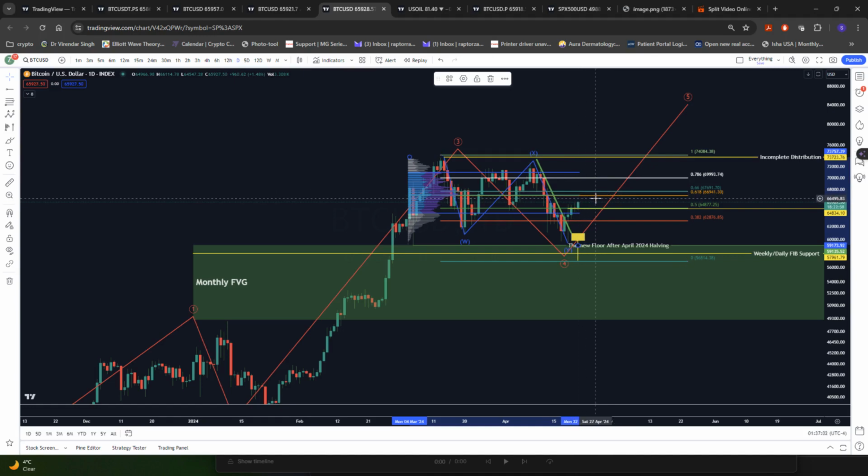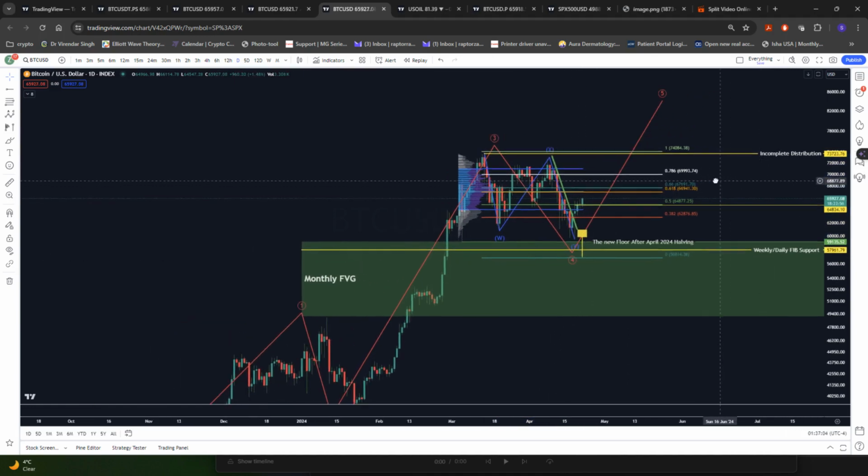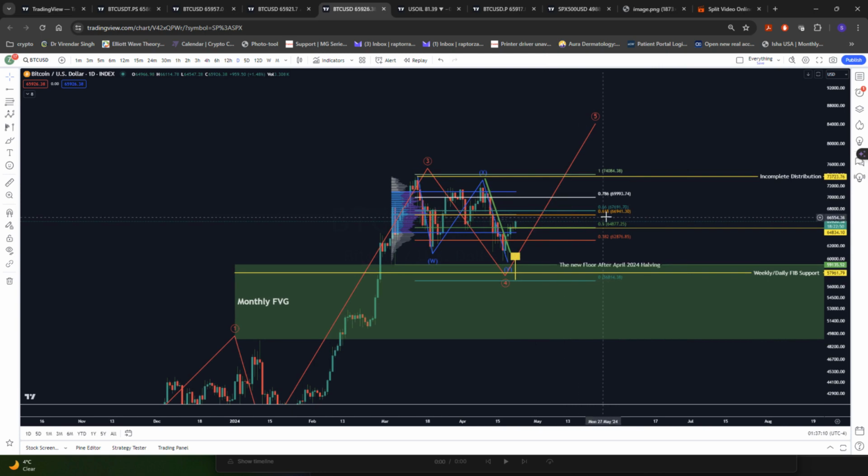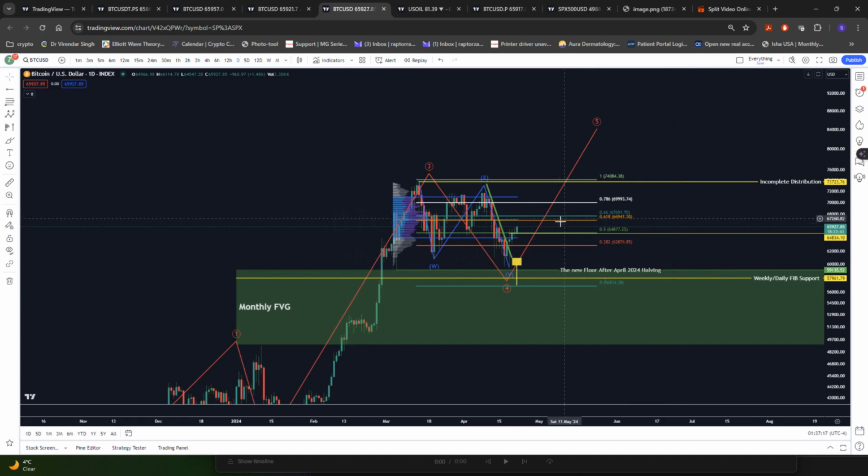It will be completely out of the woods, at least to go to this particular level, when we start closing above 68K this particular week, 68,100 or something. If we start closing above this on the daily time frame, I think we are good to go higher. From here, we can reject from the VA edge and come back down a little bit, then move back up again from there.